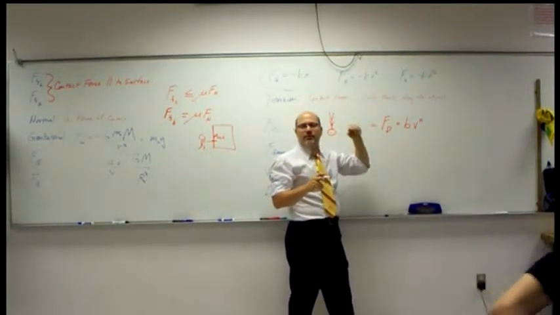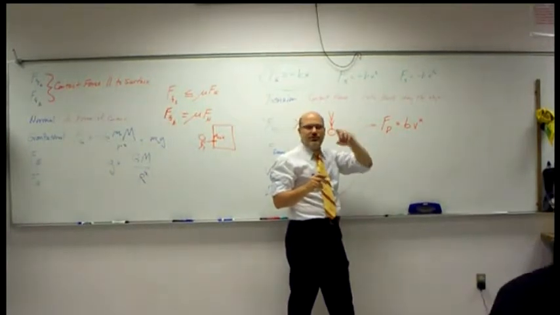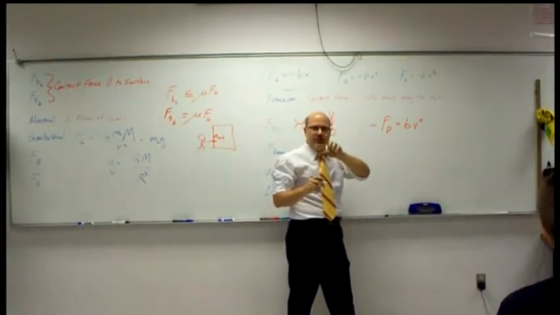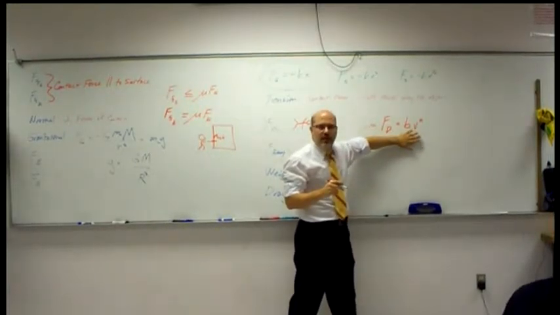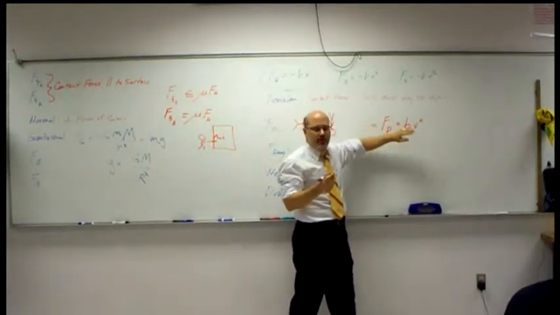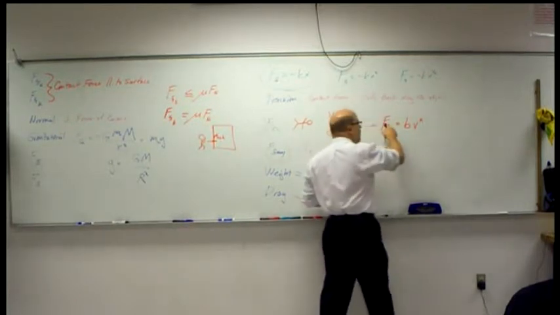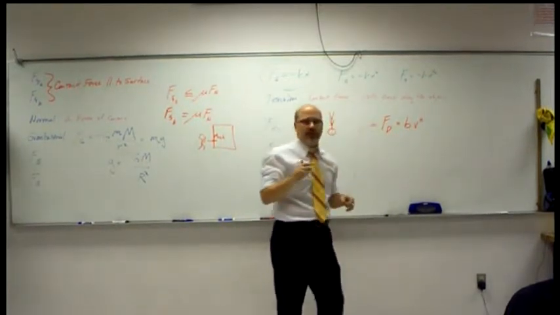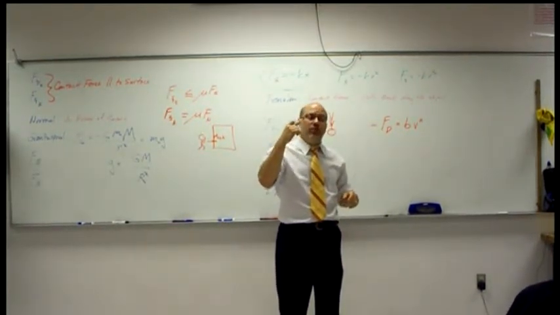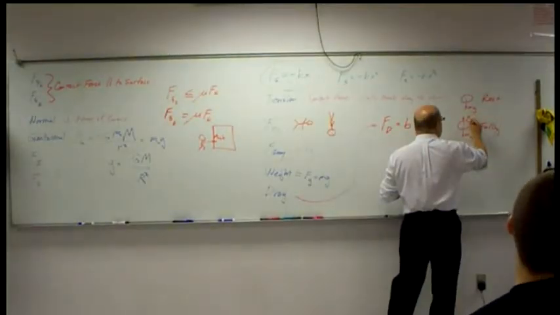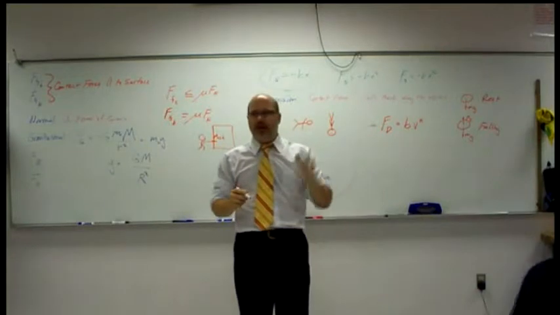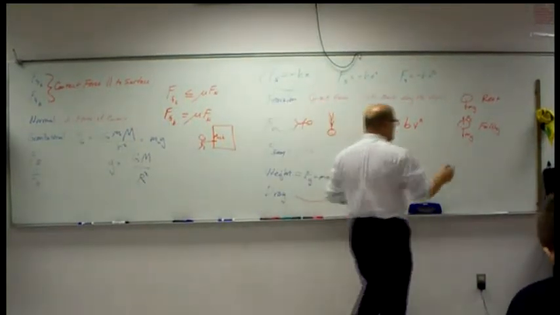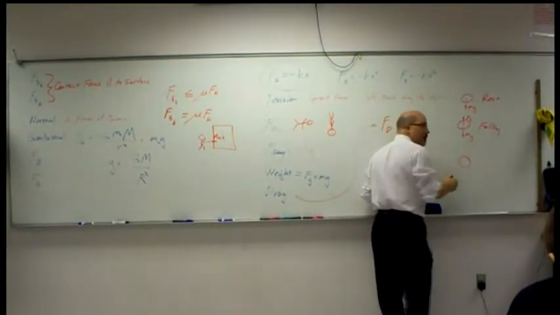Okay, everybody, here's the deal. This equation right here we'll use, and it's going to be a little more challenging for us because force is now a function of velocity. Does everybody see the drag force increases as you pick up speed? That's what we did last time.